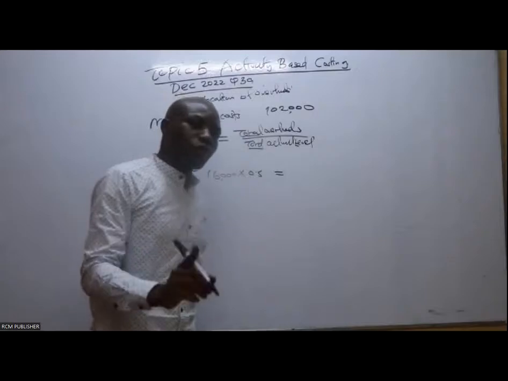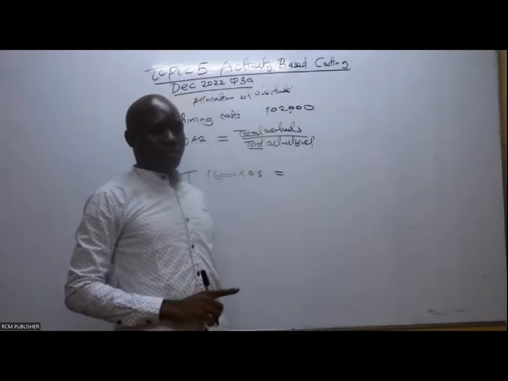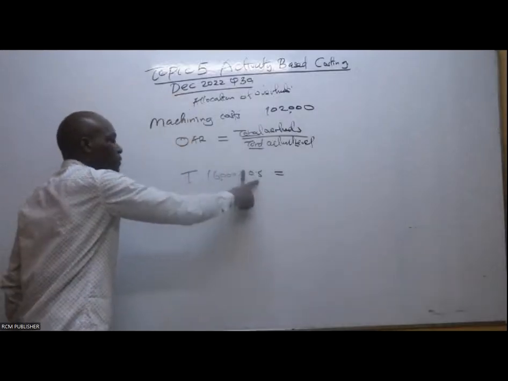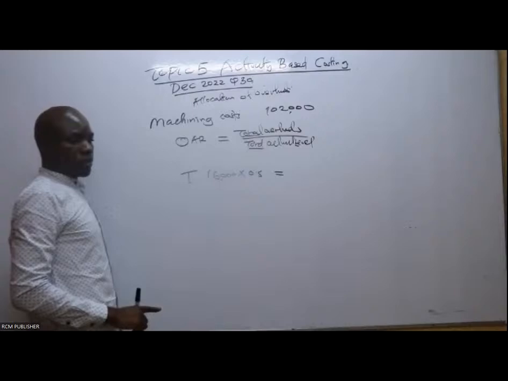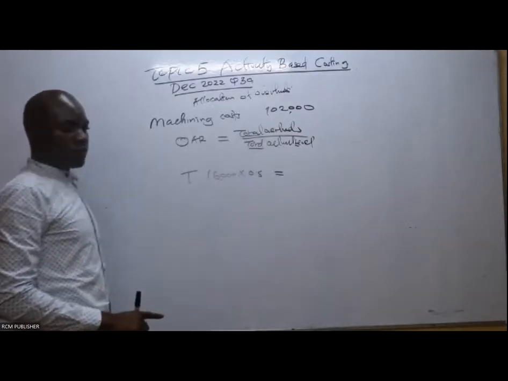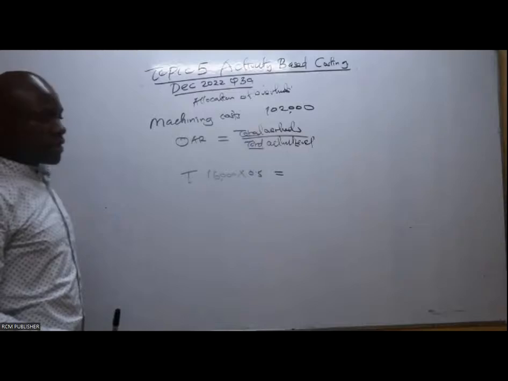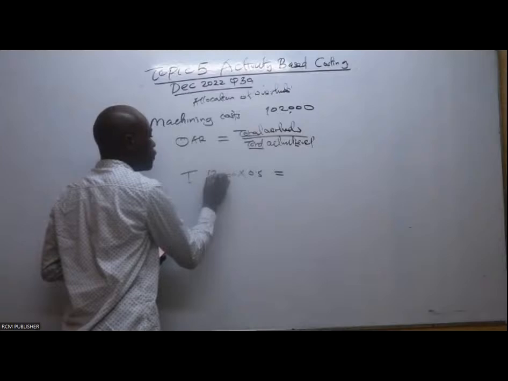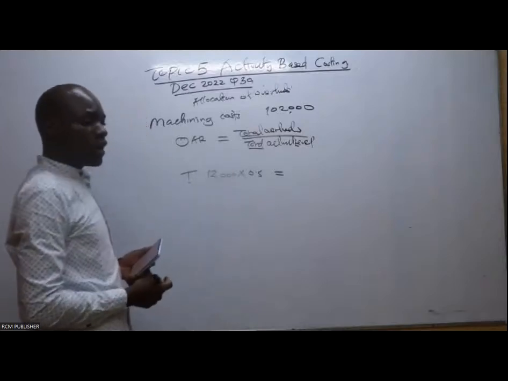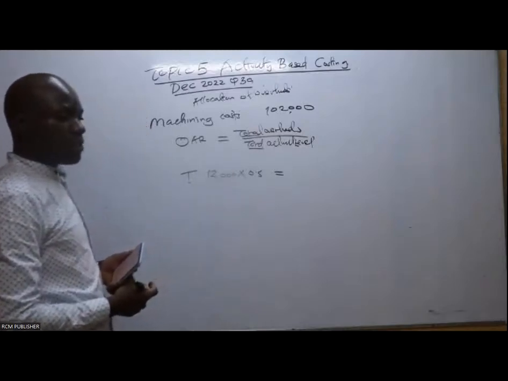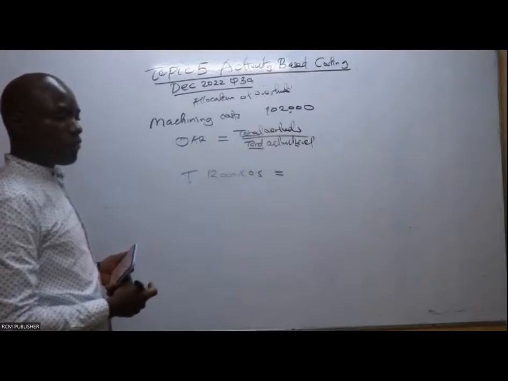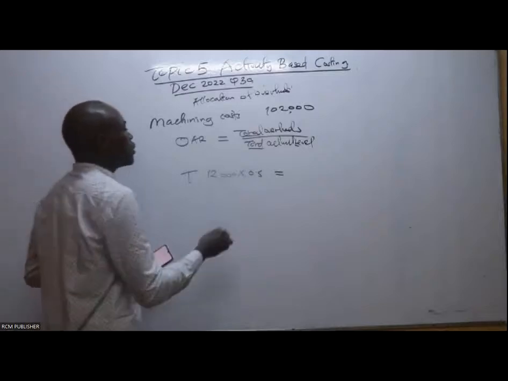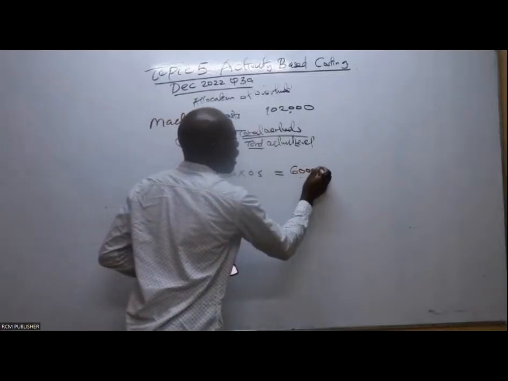That is 12 units by 0.5. What will we have? 12 by 0.5. Is it 6? It's going to be 6,000 hours.